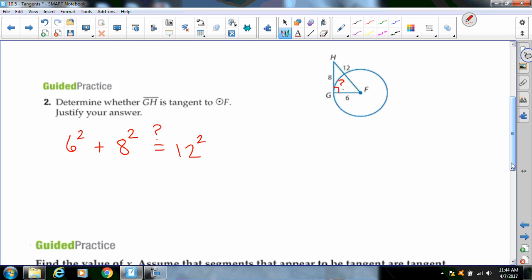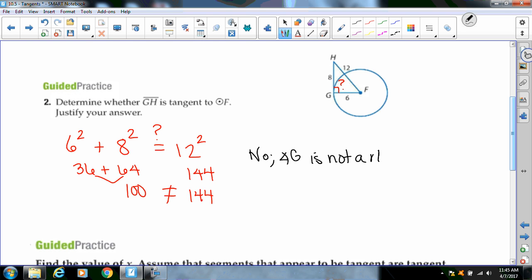So I'm going to write it with a question mark. 36 plus 64 has to be equal to 144, and those actually equal 100, which is not equal. So is that a tangent? The answer is no. Angle G is not a right angle because the sides don't form a right triangle.